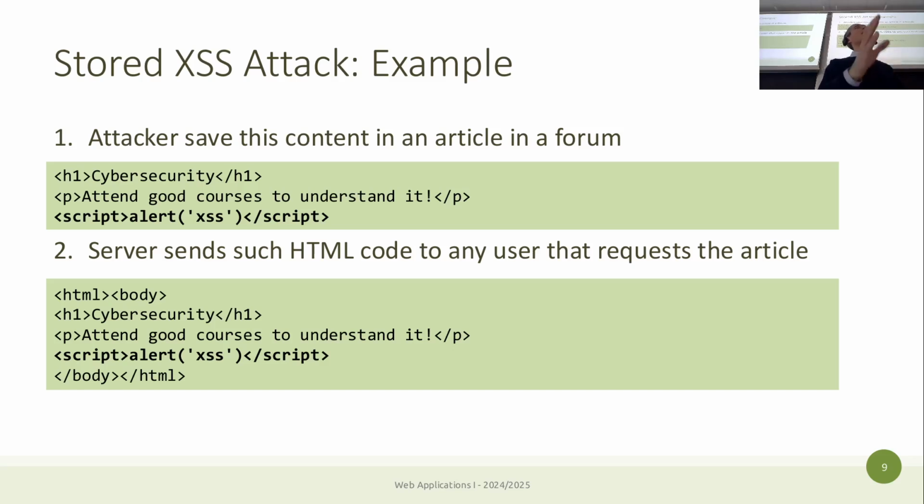For instance, you go to some forums or whatever, and sometimes they allow you to insert some HTML tags, right? Because you want to have some bold text, some italic text, some code segments, so some text that changes the font type and so on.